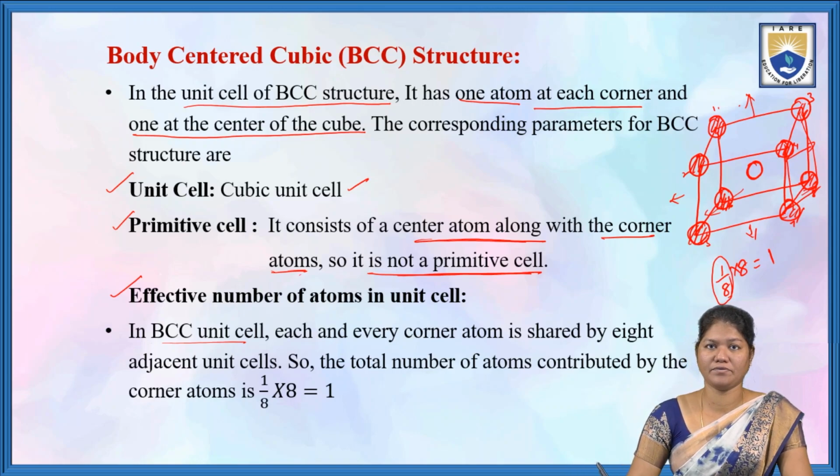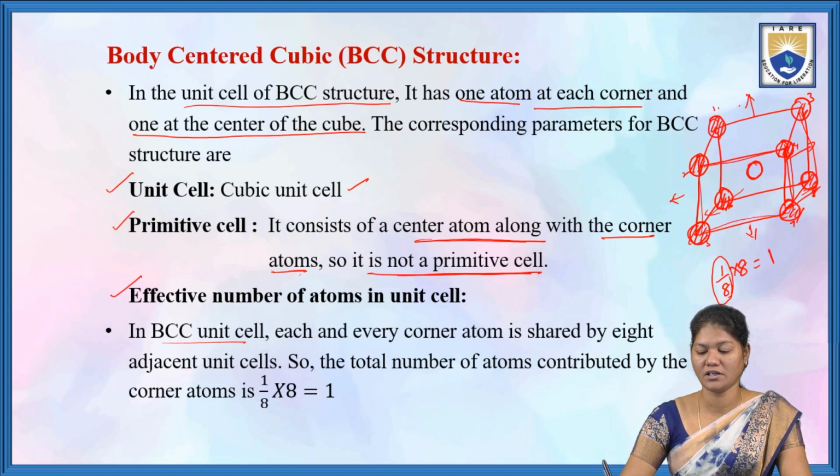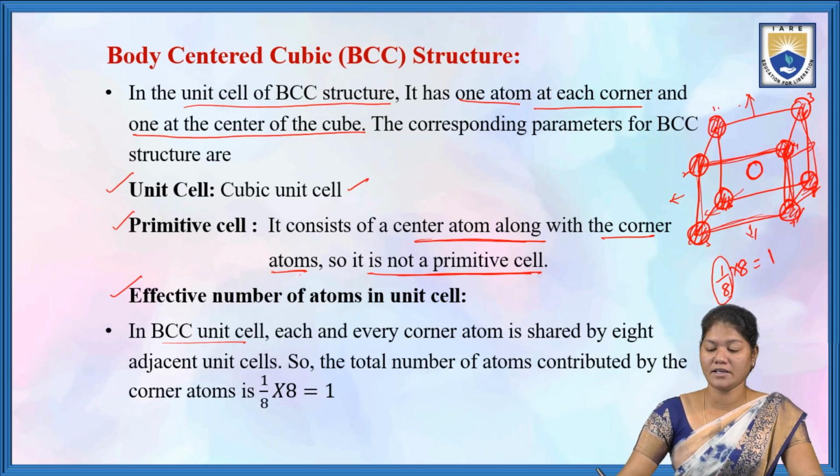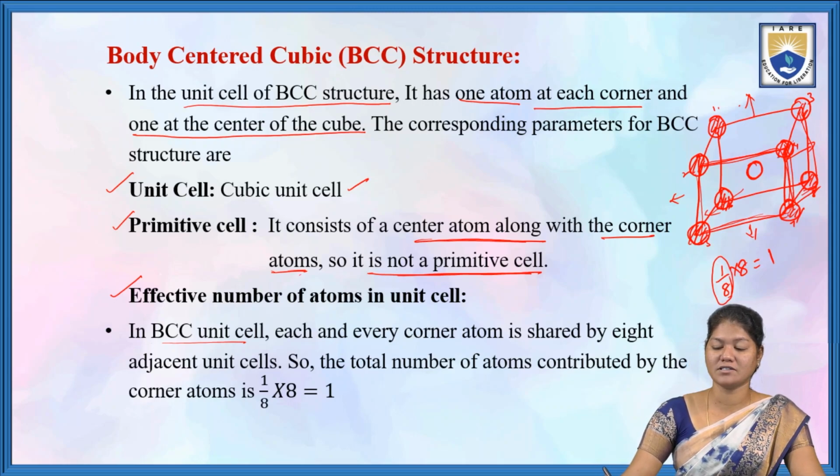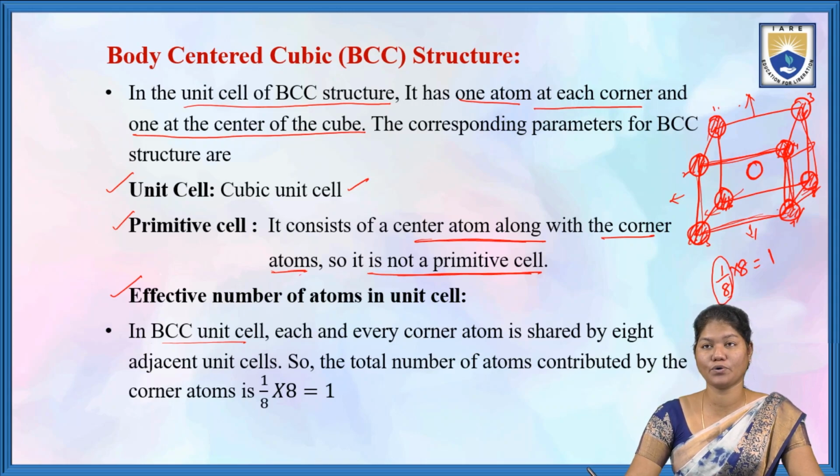So if we take this unit cell of a crystal, there are 8 corners in this cube.